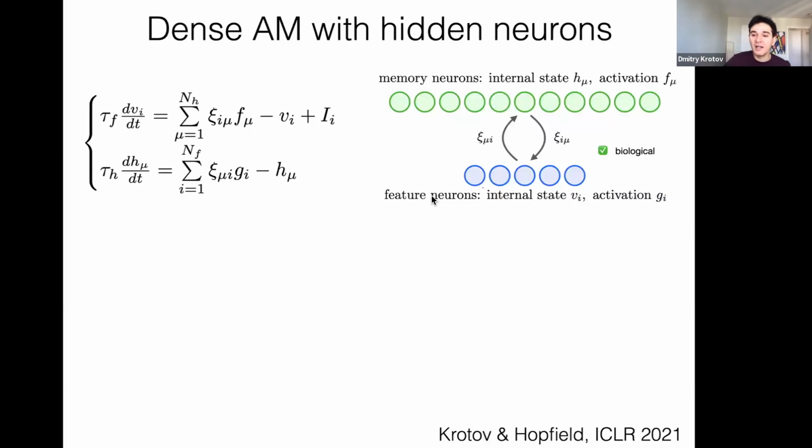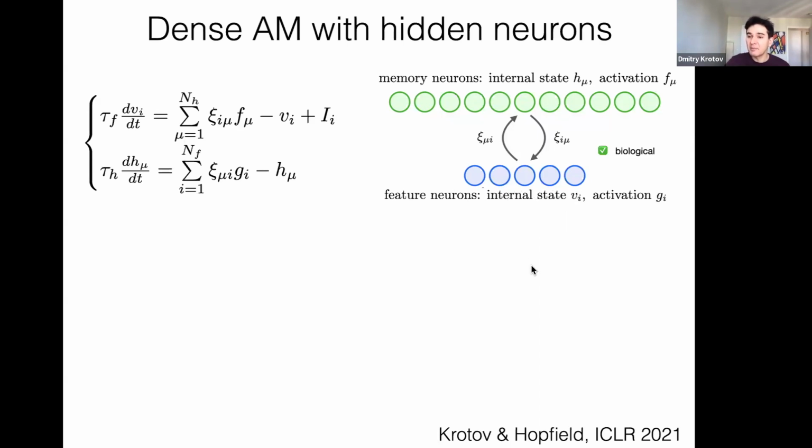So according to this theory, what one needs to do is the following. Up until this point, we only had feature neurons in all my slides, and they have been denoted by these blue circles. So the blue circles are still here, so we'll still have feature neurons. But now, in addition to the feature neurons, I'm going to introduce a new class of neurons that I'm going to call memory neurons or hidden neurons.